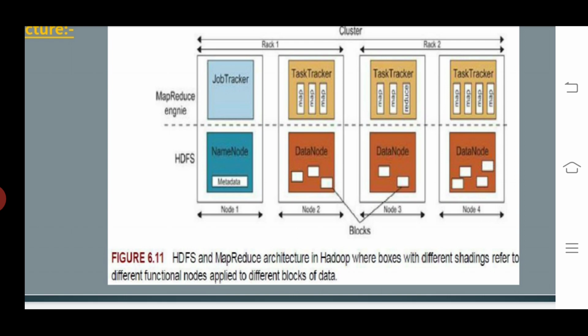First of all we have to learn about the MapReduce engine, job tracker and task tracker. What is meant by job tracker? The framework provides two processes that handle the management of MapReduce jobs. The first one is the job tracker.